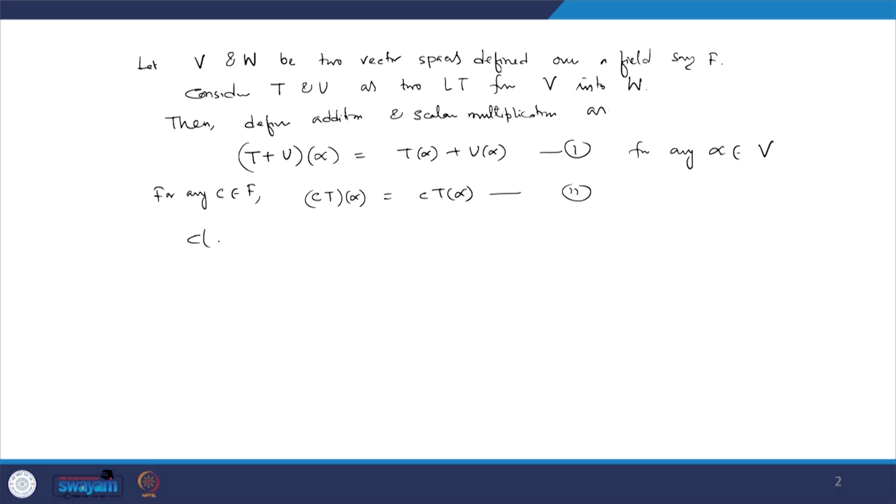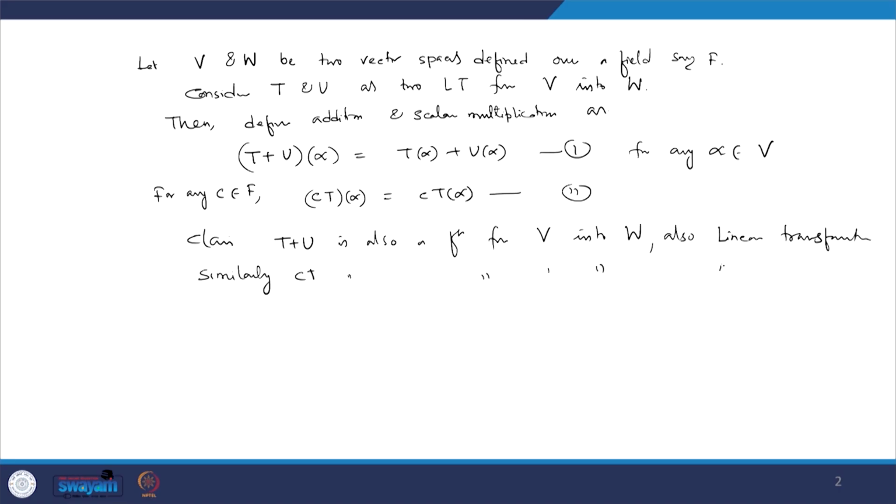Then claim: T plus U is also a function from V into W and also a linear transformation. Similarly, CT is also a function from V to W and also a linear transformation.